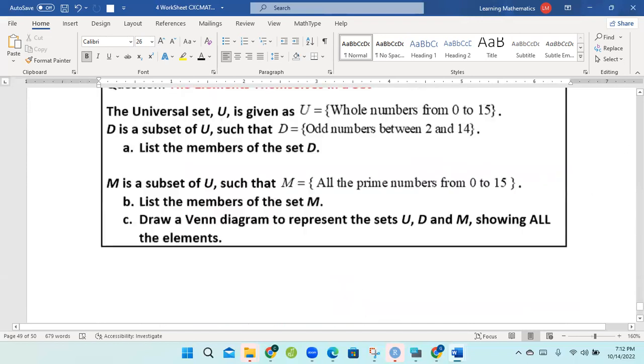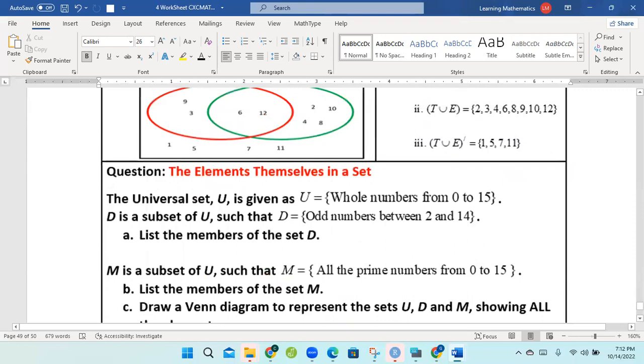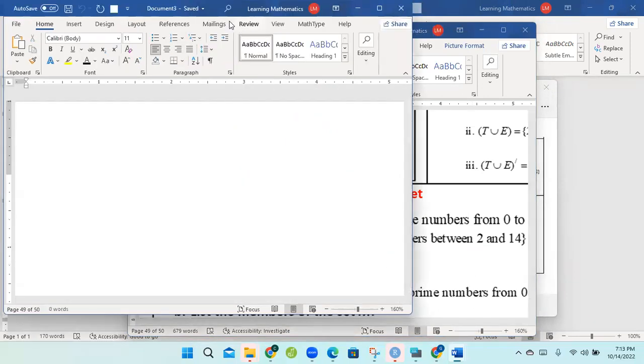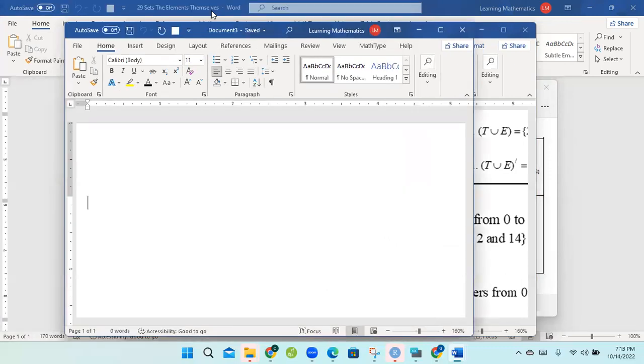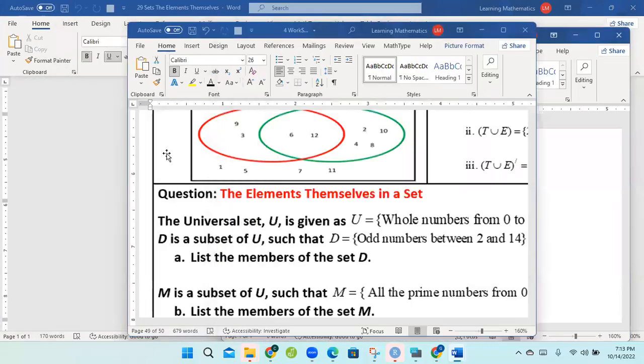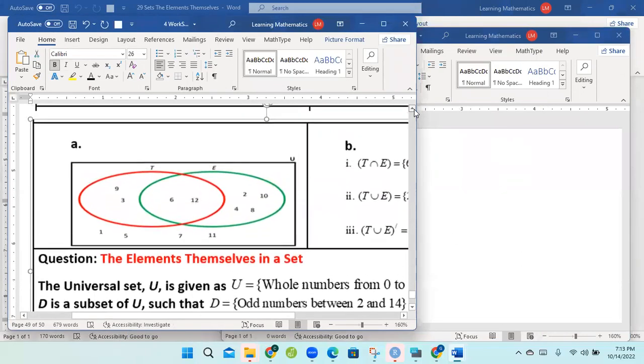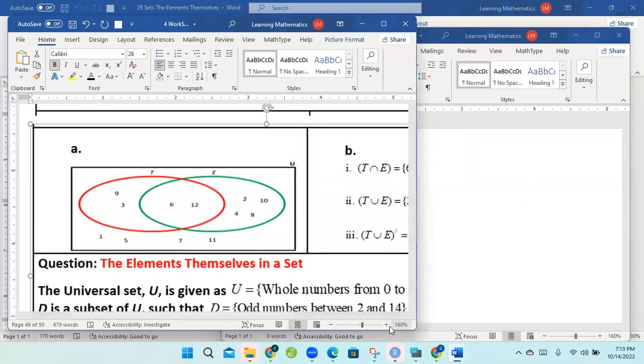As working, I can list the multiples of 3 and the even numbers and translate them to the Venn diagram.